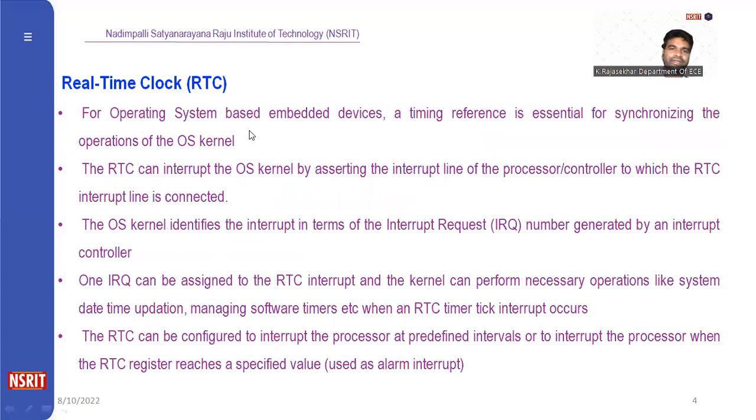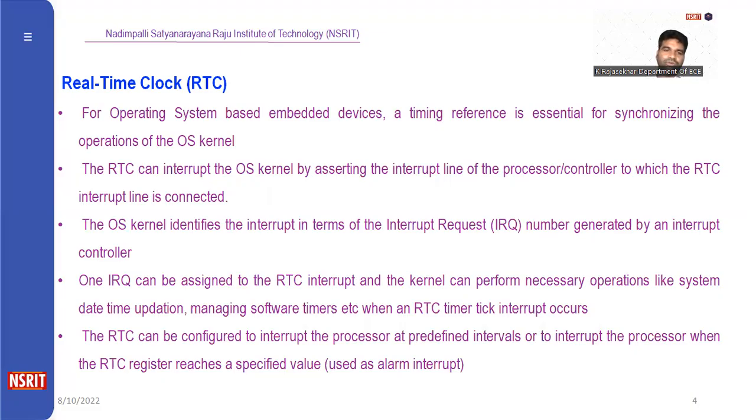For operating system based embedded devices, a timing reference is essential for synchronizing the operations of the OS kernel. So the real-time clock can interrupt the OS kernel through the interrupt line of the processor or controller to which the real-time clock interrupt line is connected. The OS kernel identifies the interrupt in terms of the interrupt request number generated by the interrupt controller.